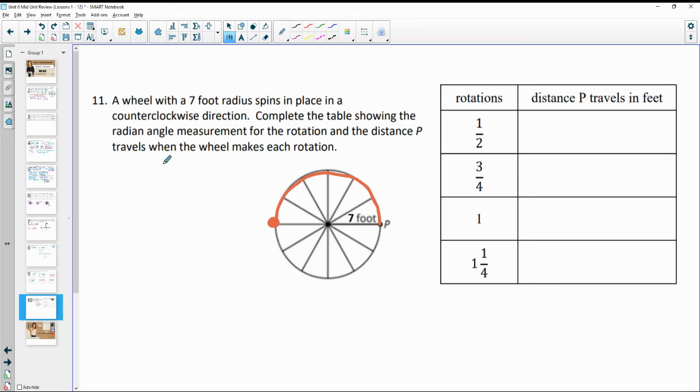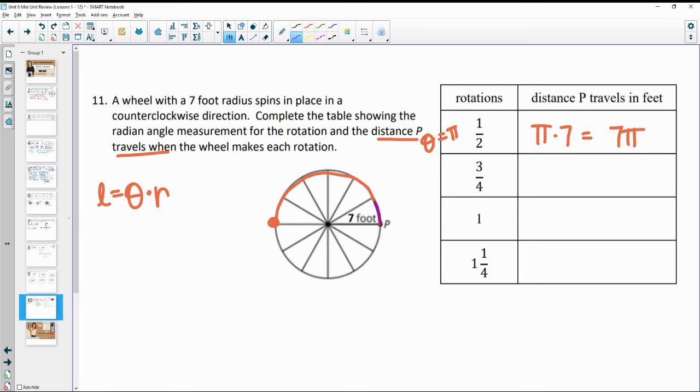And when we figure out how far it travels, the distance that the angle travels is called the arc length, and that's always equal to the radian measure times the radius. So in this first one, theta is pi, then the distance it travels is pi times 7, or 7 pi.